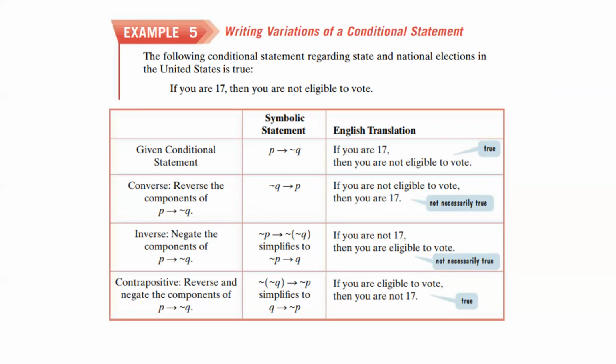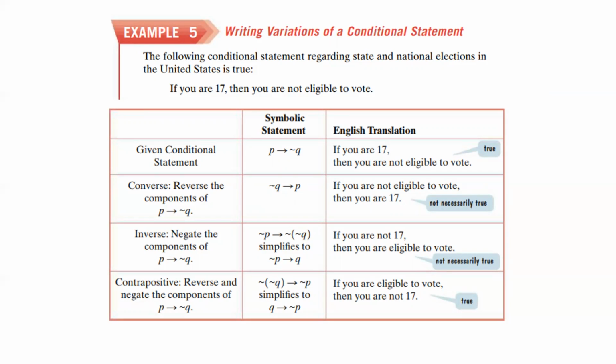If I want to write my inverse, I negate both of those values. Originally I had if P, then tilde Q. I will negate both of those things, which will give me tilde P implies Q. Notice it writes here, which is kind of helpful, that if you negate a negation, you will return the affirmative of that statement, which makes sense logically.